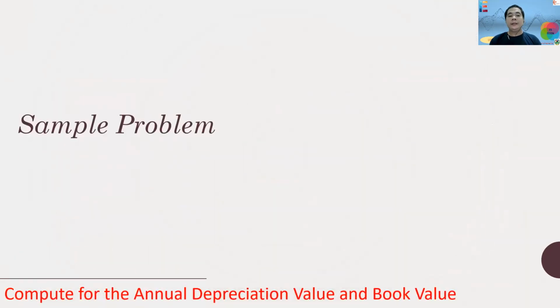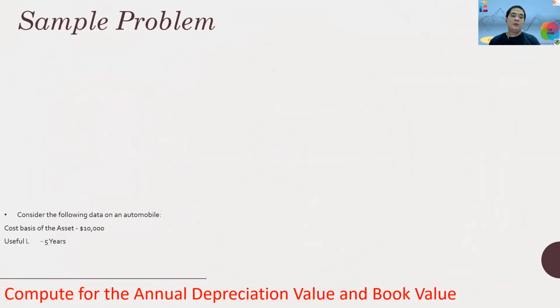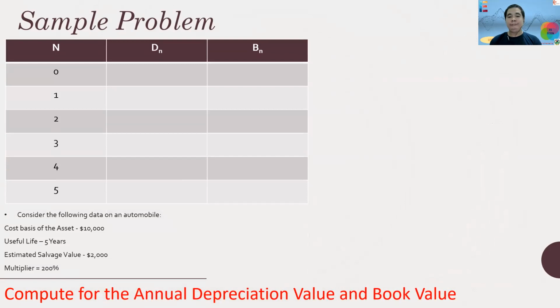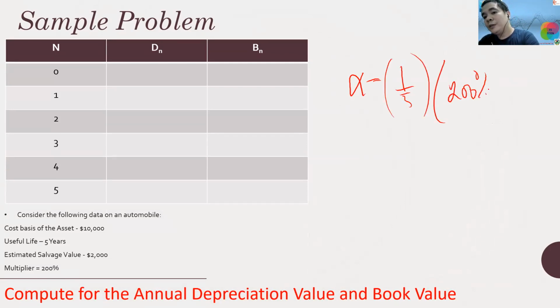Therefore, getting the solution for the same problem at a multiplier of 200%, your alpha should be 1 over 5 multiplied by 200%. So your alpha is equal to 40%.